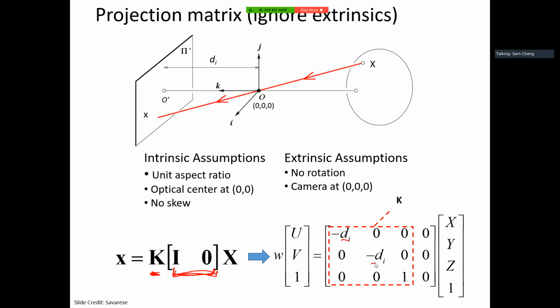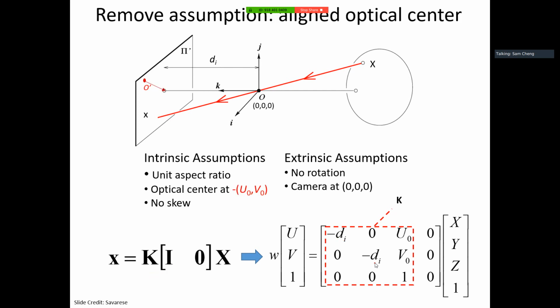Next thing is we may not have the center of the camera actually be the center of the world coordinate also. So we have aligned the center of the camera with the center of the world, but the problem is the center of the sensor may not be exactly along this optical axis.